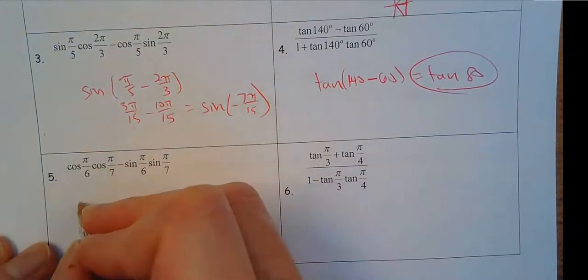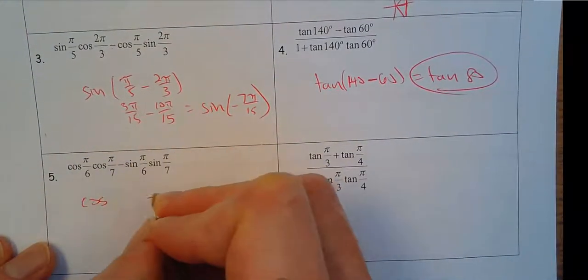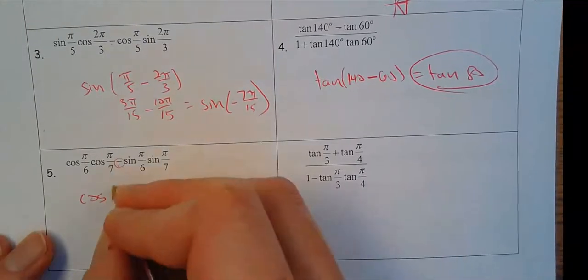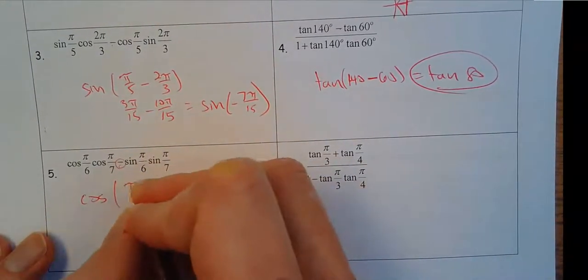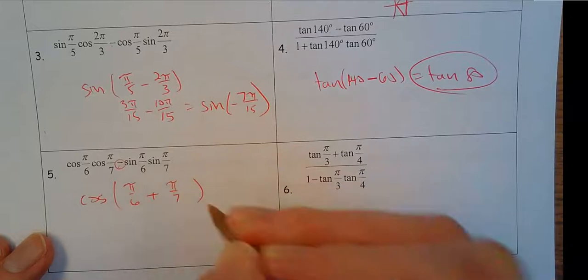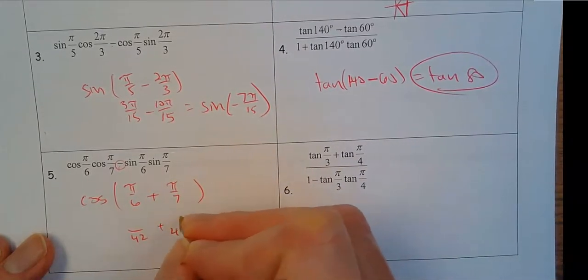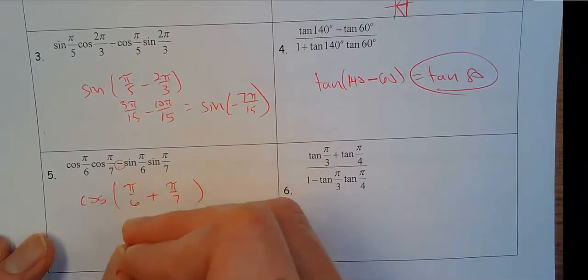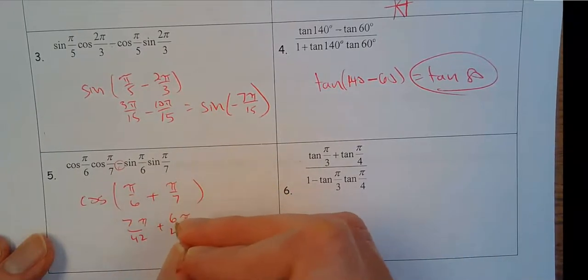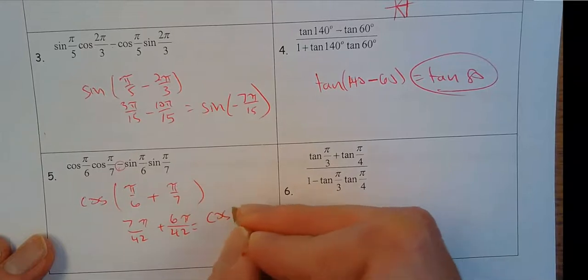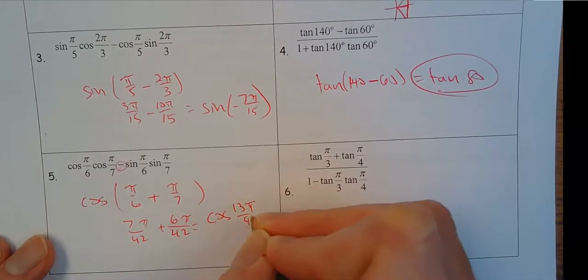Cosine, cosine, sine, sine, that means they're using cosine. It's a plus because that's a minus. And now my u and my v are pi over 6 and pi over 7. So if I go to a common denominator of 42, this one's times 7, this one's times 6. So it would be cosine of 13 pi over 42.